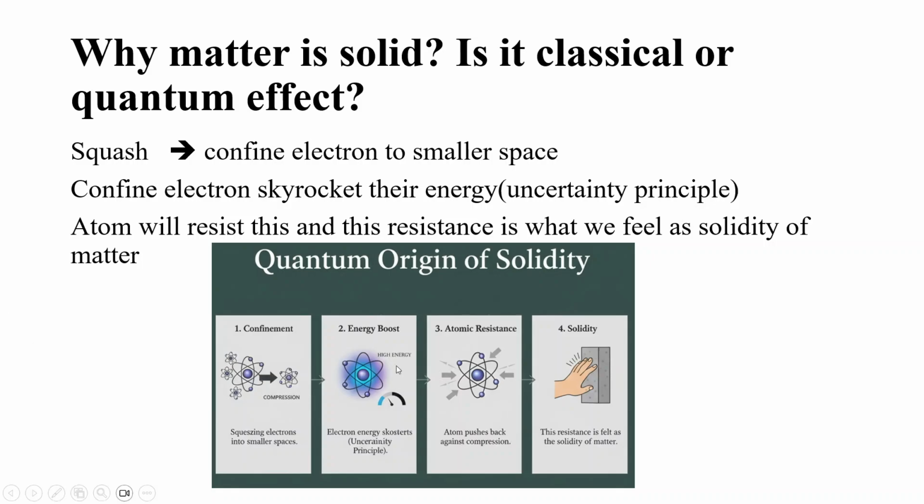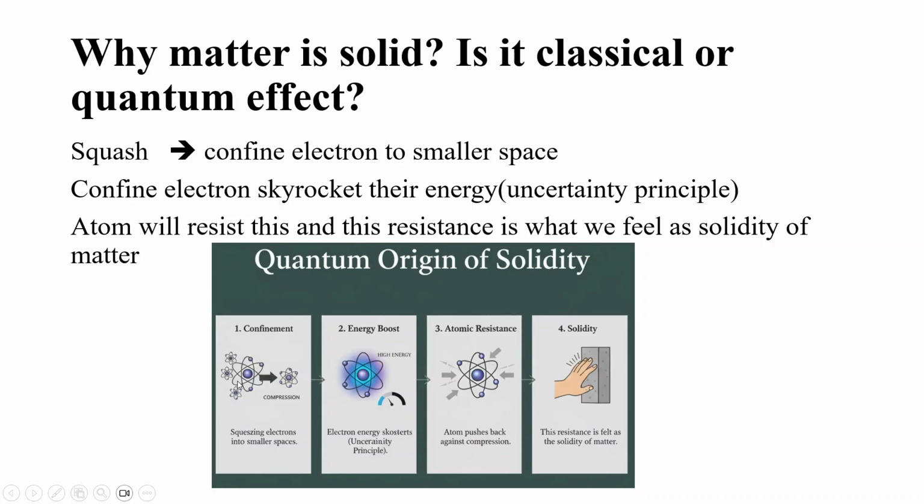So if we squash or force the wall, then we are trying to confine the electron to a smaller space. Now, confining the electron makes its energy skyrocket, because of the uncertainty principle. The atom will resist this, and this resistance is what we feel as the solidity of matter.